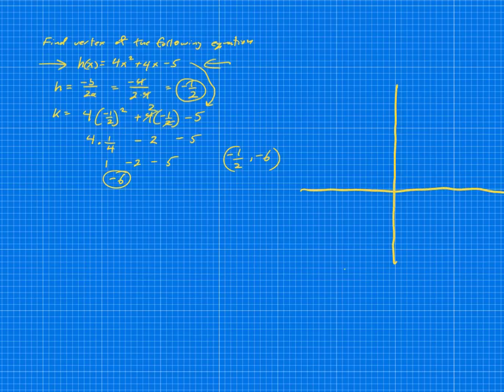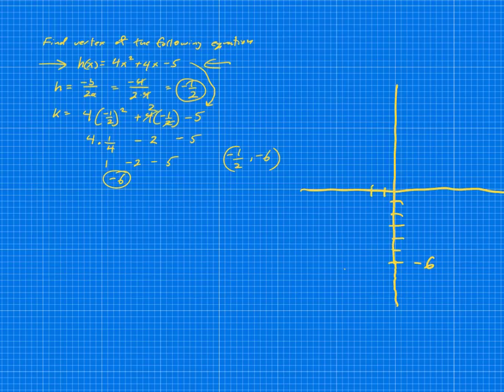Every 2 is going to be a 6 for me here, I think. So 1, 2, 3, 4, 5, 6. That's my negative 6. And actually I want to go negative 1/2 first.